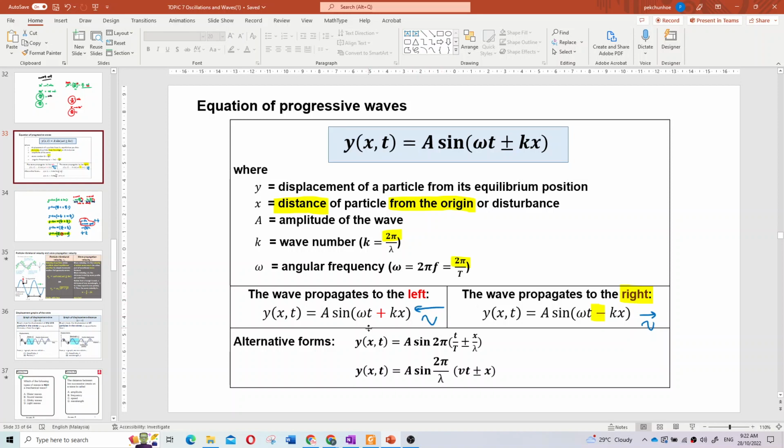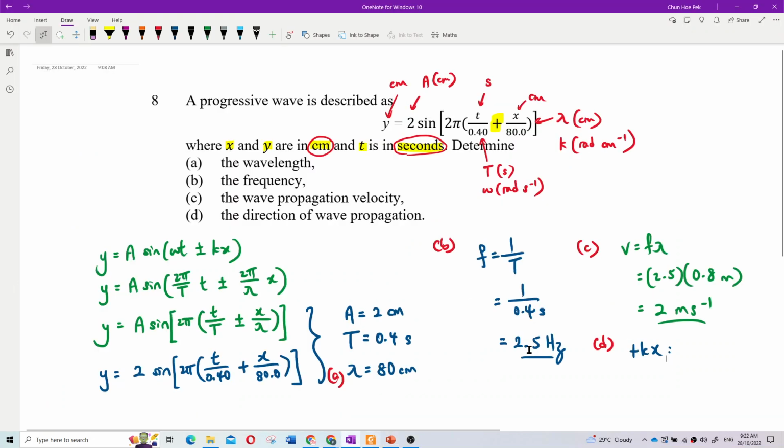If it is negative kx, then the wave moves to the right.